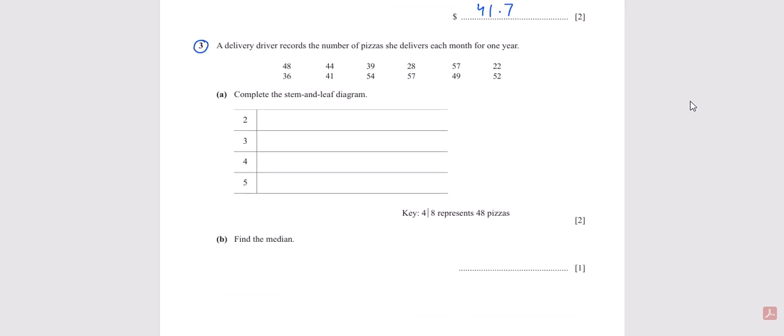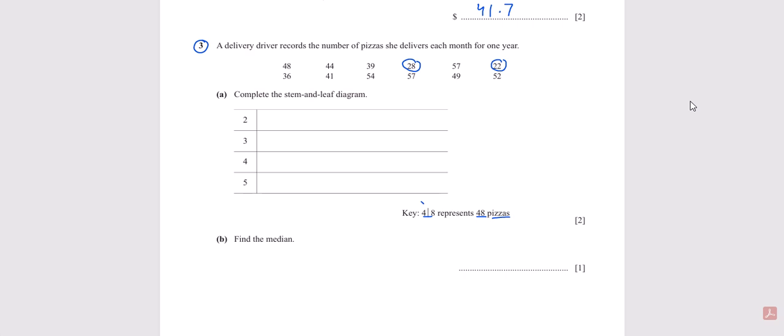Question number 3. A delivery driver records the number of pizzas she delivers each month for 1 year. These are the numbers. Complete the stem and leaf diagram. Key is 2 | 8 represents 28 pizzas. So first of all the numbers we arrange in ascending order. For stem 2, we write the right digit.